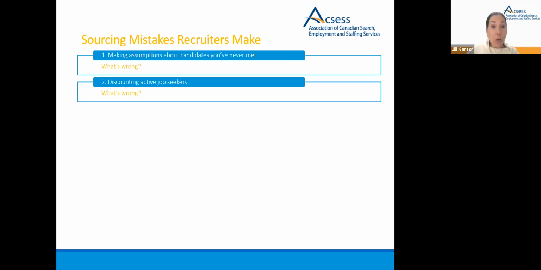Essentially, what's wrong with that is that it really depends on the role you're looking for. If you're going to hire for, let's say, an entry-level role for a medium-sized business, we might think it's a waste of our time, effort and energy to go only after passive candidates.